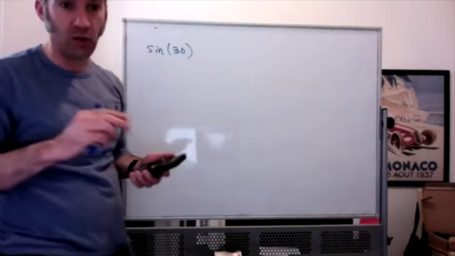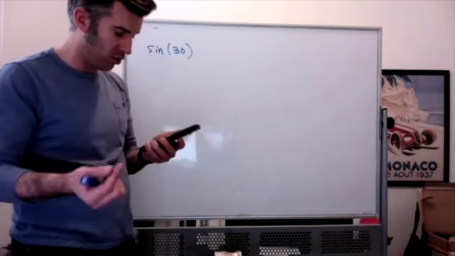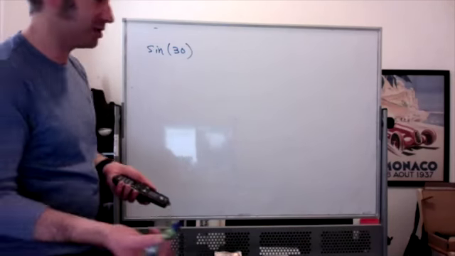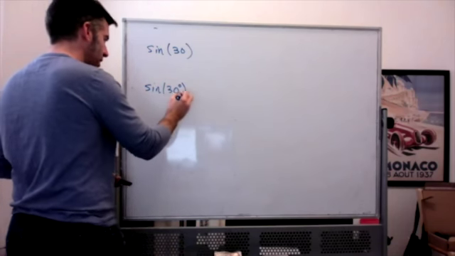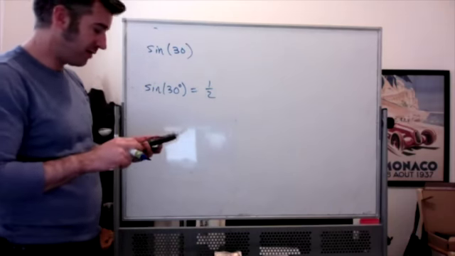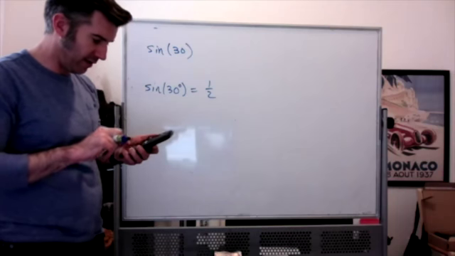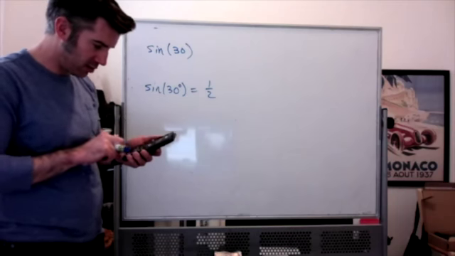If I use my calculator to find sine of 30, and you are intended to use your calculator for these, I have to make sure I'm in the right mode. If I'm in degrees, I'm going to get the wrong answer. Sine of 30 degrees is 1/2.